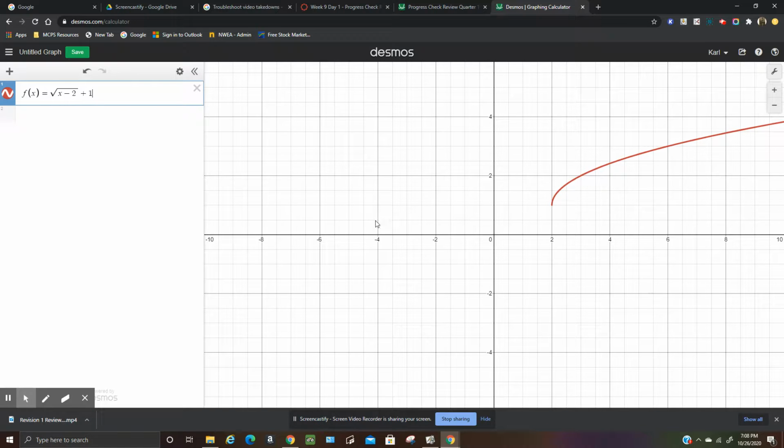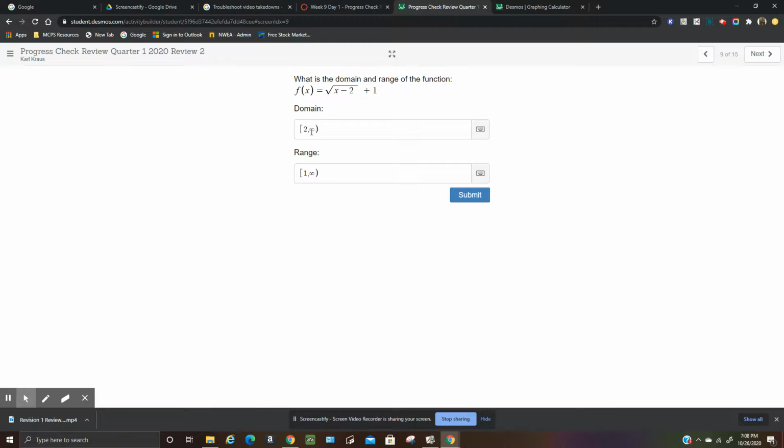And then the domain, as I go from left to right, the first place I see a point is 2, so 2 to infinity. And then the range, bottom, first place I see a point is 1, so 1 to infinity for the range. So 2 to infinity includes 2 for the domain, 1 to infinity includes 1 for the range.